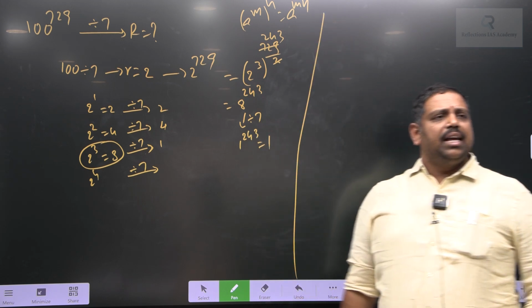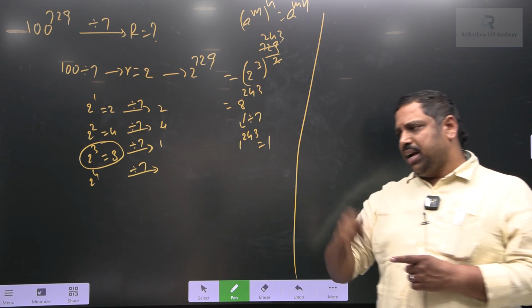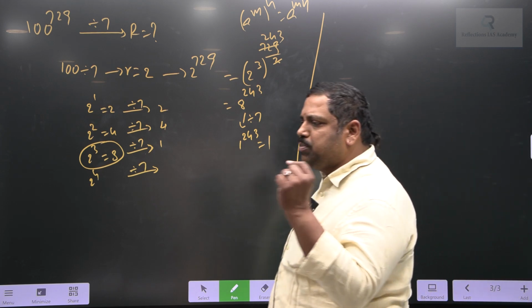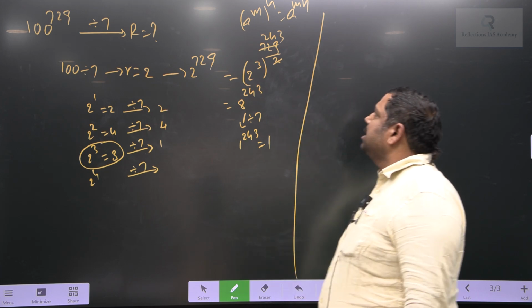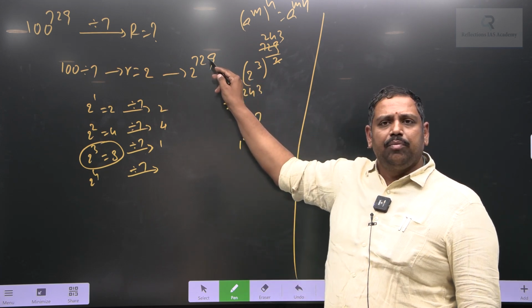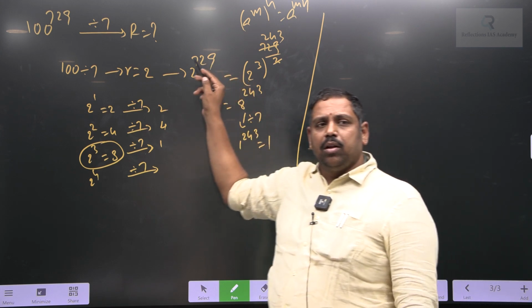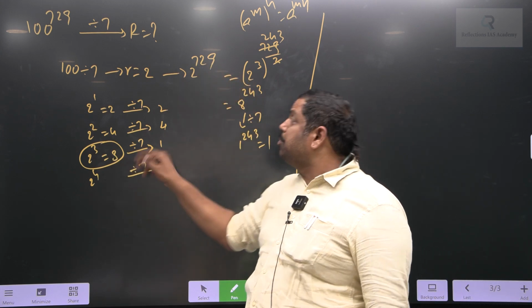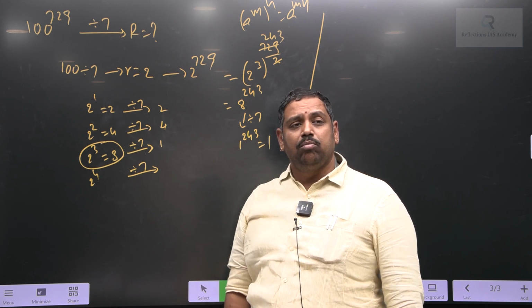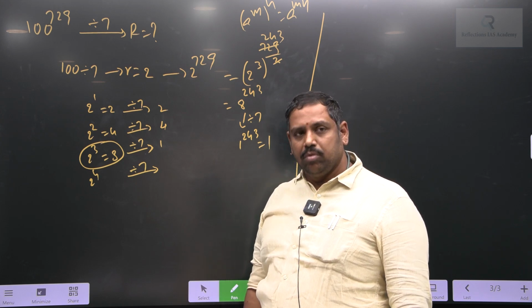Okay. Here, in my question or in my answer, I am creating one small doubt for you. That is, sir, it should be a multiple of 3, right or wrong? Why should it be a multiple of 3? It is 2 cube. Suppose it is not a multiple of 3, what should we do? Good.